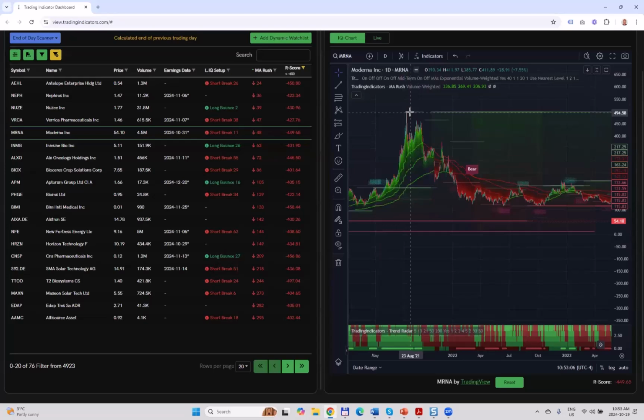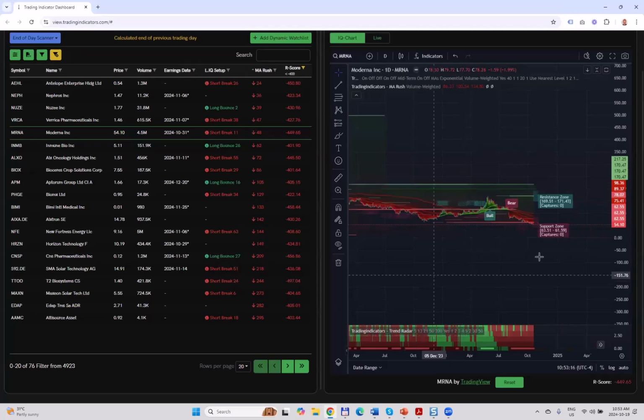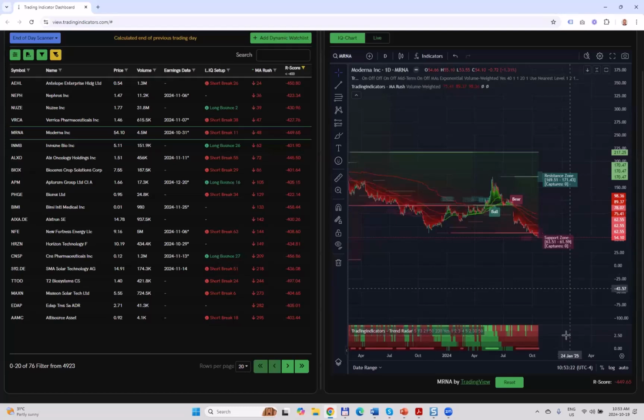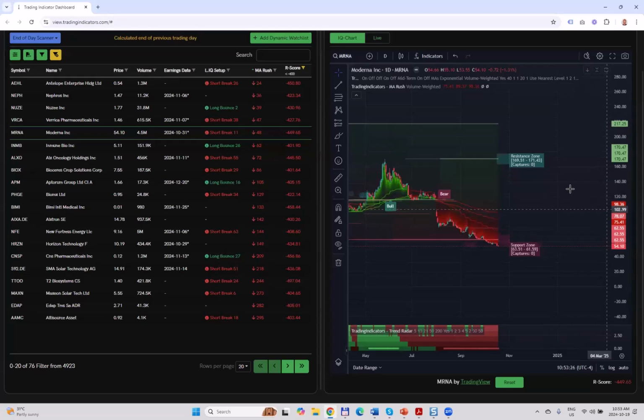Wow, this must have been the high of the COVID at almost 500. The R score showed bearish momentum here at around 180. It would have been still a great opportunity to re-enter into this one, because now we're trading at 54. Wow. Yeah, very bearish. We just broke below support here.